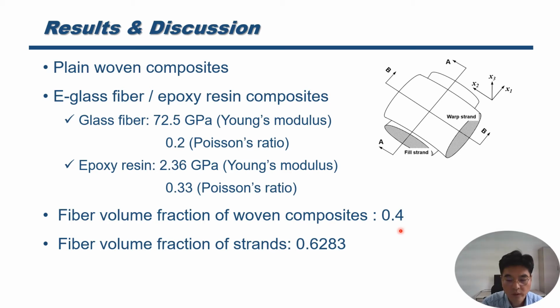The reason why we set the fiber volume fraction to 0.4 is that we try to simulate with some kind of representative volume fraction, because we try to avoid a lot of redundant research work. So we searched some literature, and based on the literature review, we saw that 0.4 is a reasonable value for our representative volume fraction.